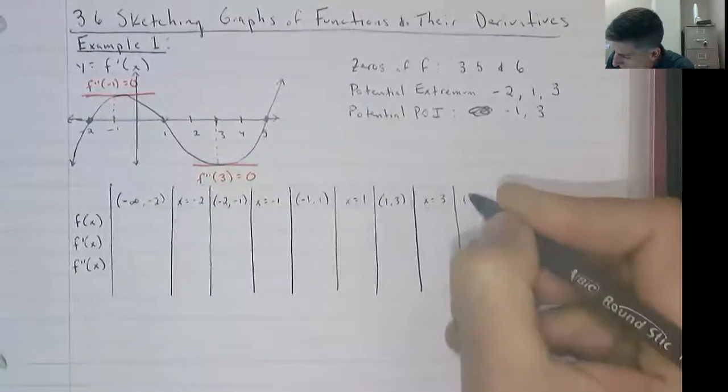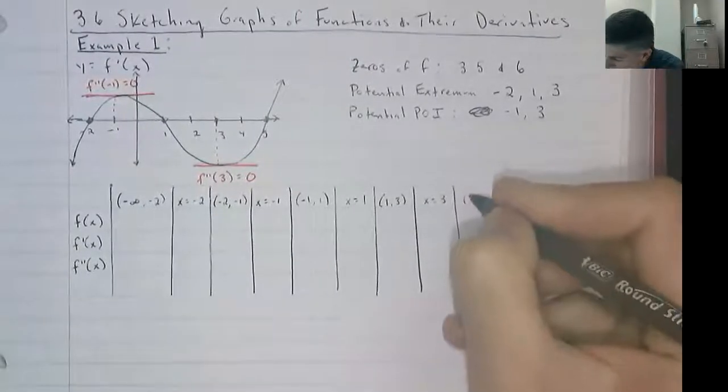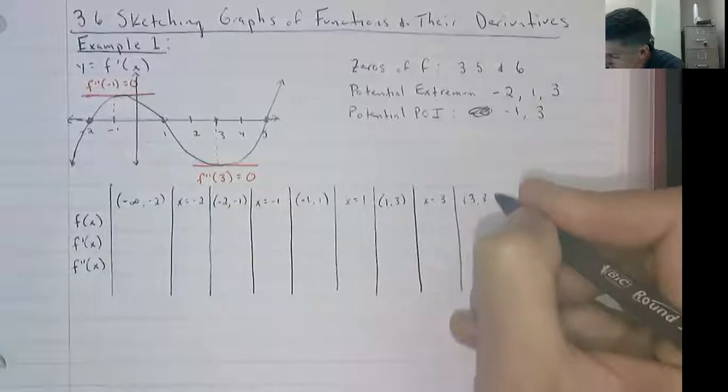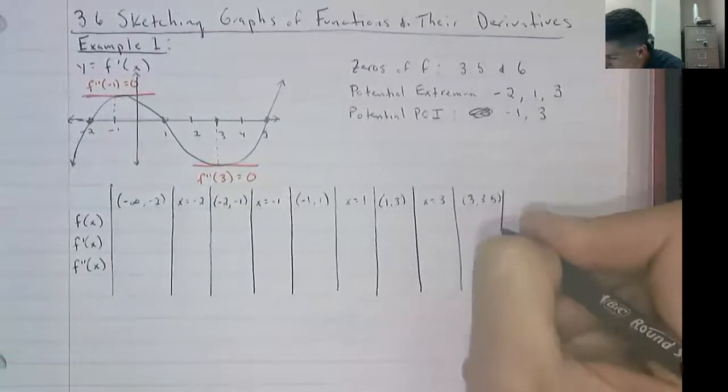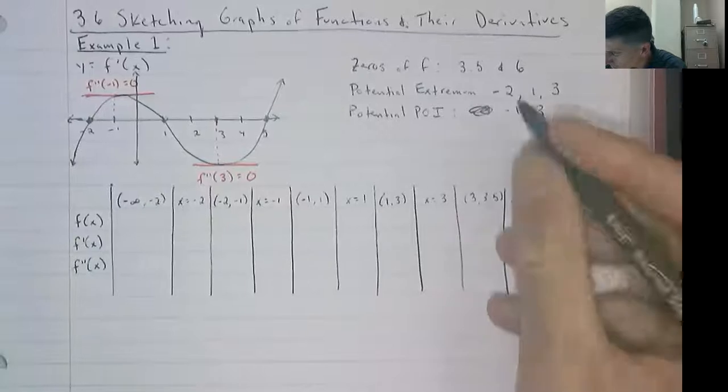Then between 3 and 5, oh, we should do 3.5, huh? So from 3 to 3.5, this is going to be tight, but we can make it work. x equals 3.5 is one of our zeros of f.